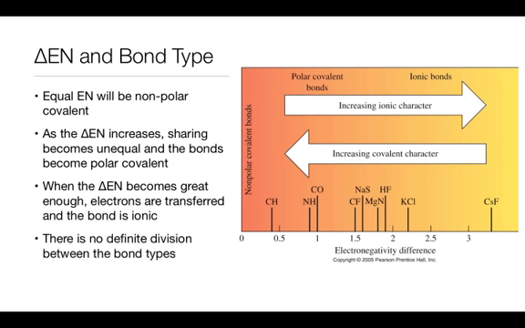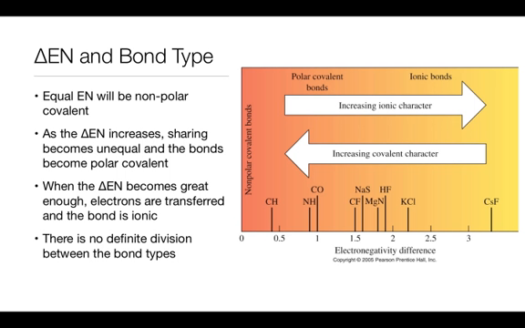Notice on this little table or diagram that I have, we've got electronegativity differences represented, and we have some examples of compounds, but nowhere on this do we have a definitive division between polar covalent, nonpolar covalent, and ionic compounds. That's because electronegativity is just one factor that we are going to take into consideration when looking at what type of bond we have.